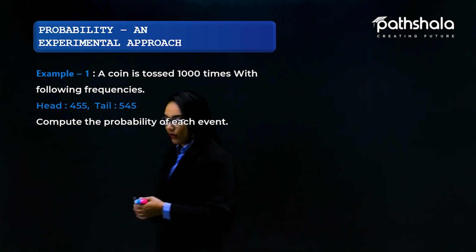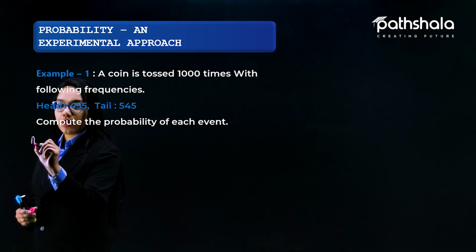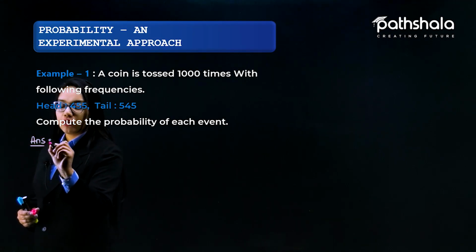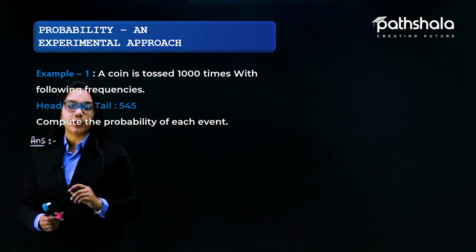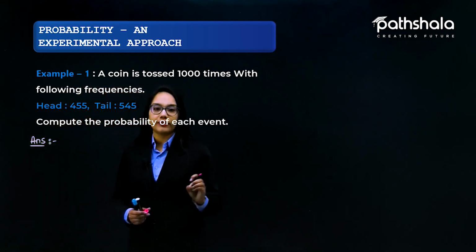So let's start finding the probability. First of all, we have to suppose the number of trials, because small n represents the number of trials.